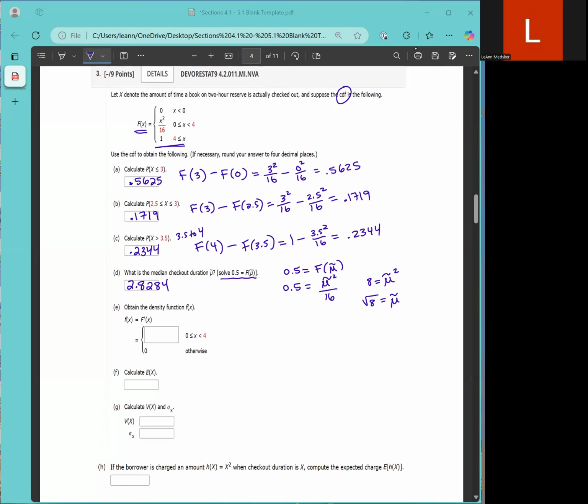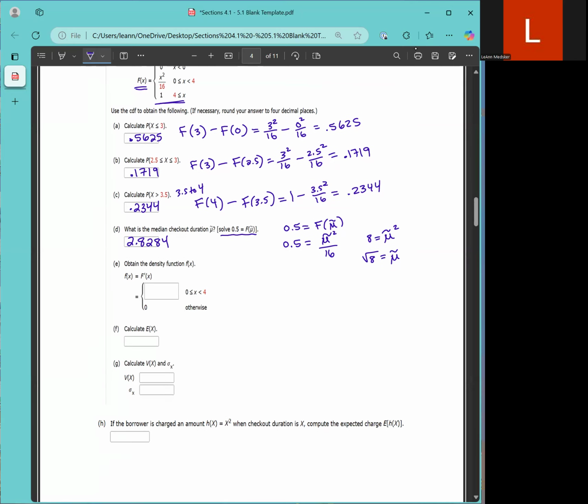Looks like X was denoting the amount of time a book on a 2-hour reserve is actually checked out. Okay. Now, how do you get the density function? Well, if you want the density function, the PDF, the little f, you take the derivative of the antiderivative. So we're looking at from 0 to 4, we have to take the derivative of this.